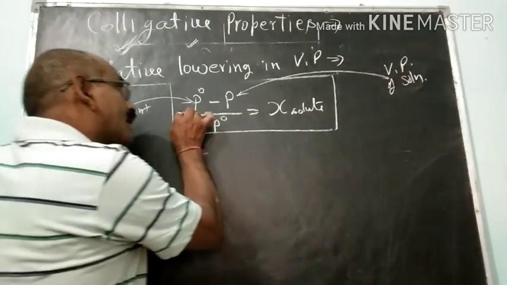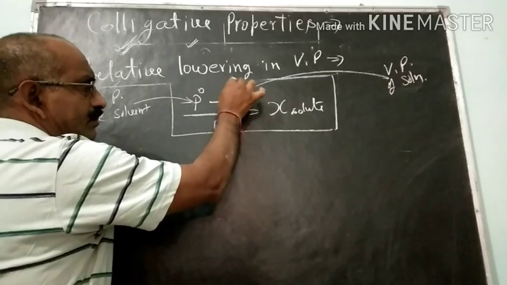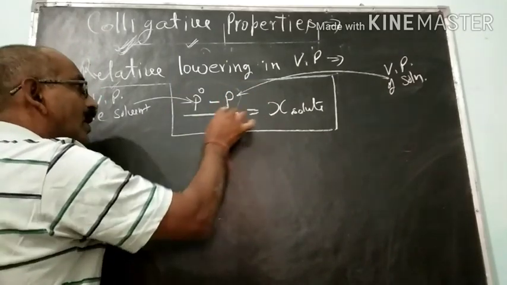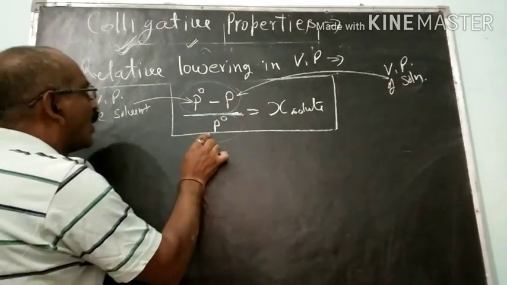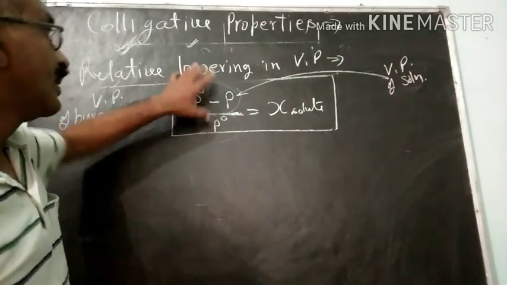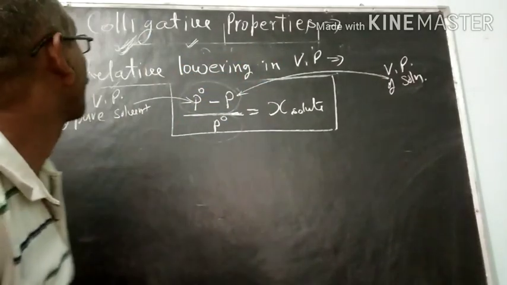So, the ratio of lowering in vapor pressure and vapor pressure of pure solvent is called relative lowering in vapor pressure.